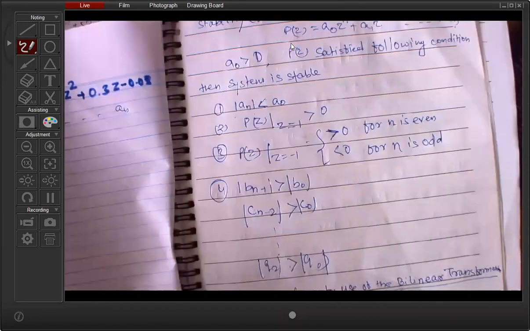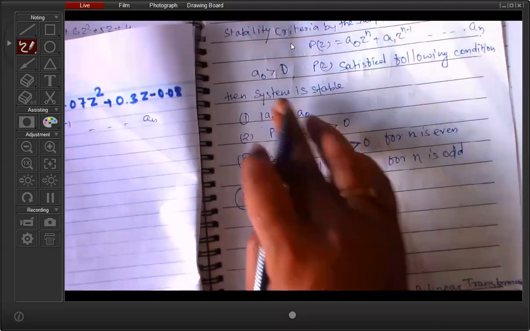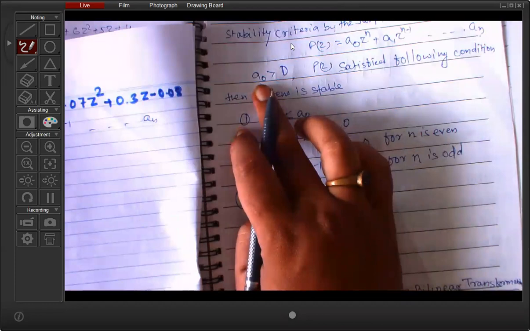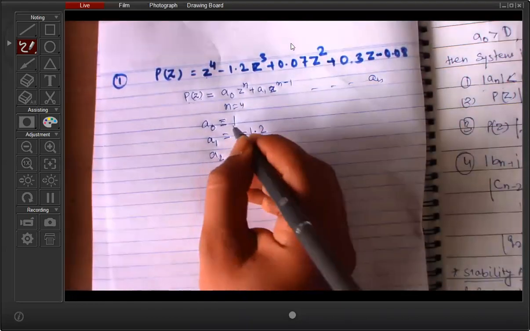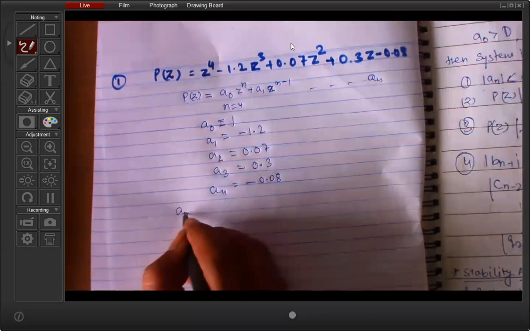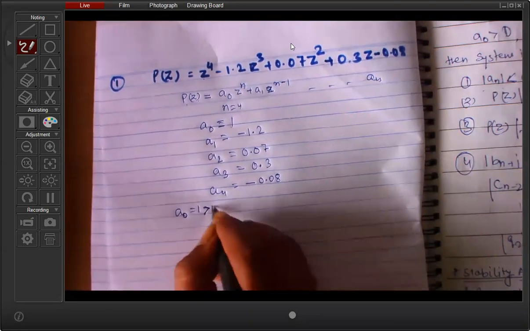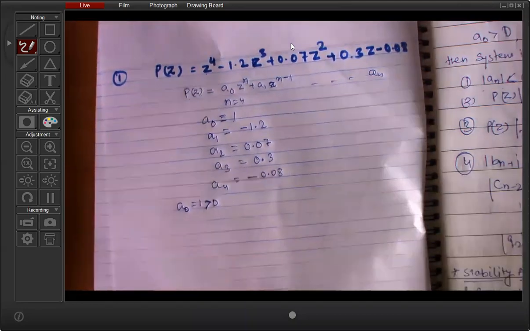If you recall the conditions of the Jury stability test, the first condition for a stable system is that a naught must be greater than 0. The value of a naught is equal to 1, so it is greater than 0. So the first condition is satisfied.